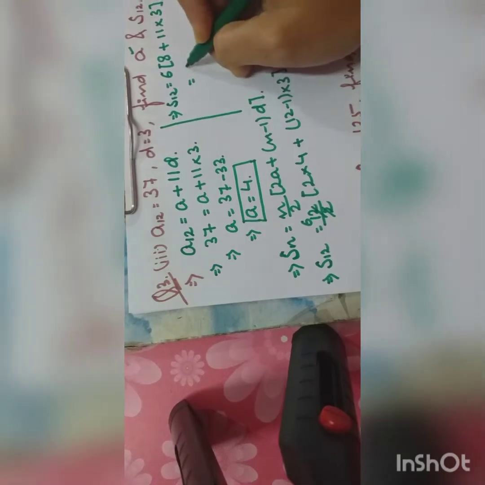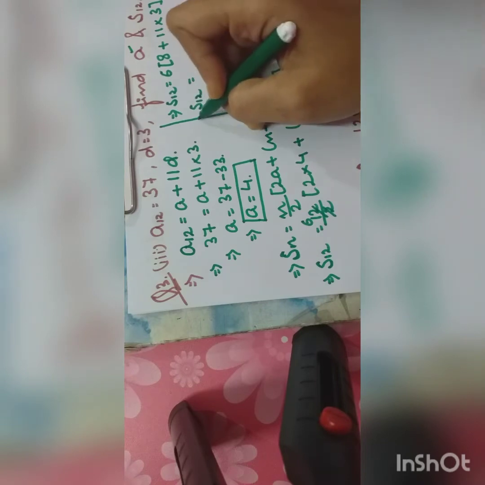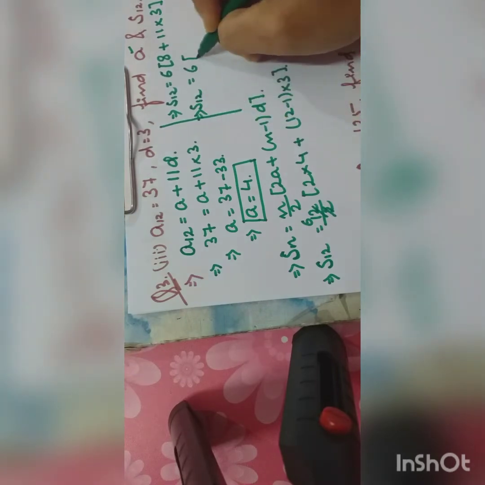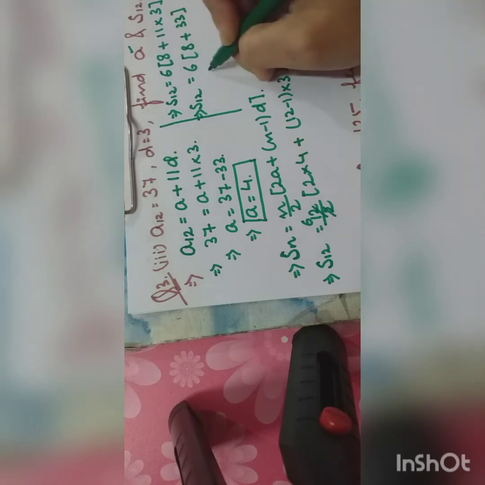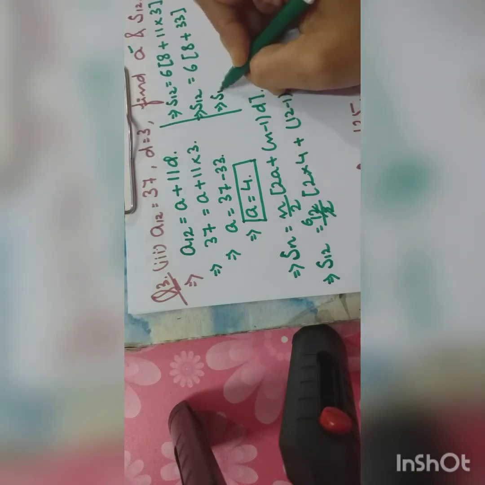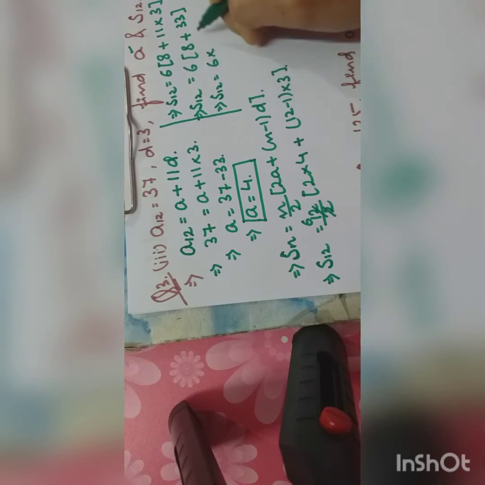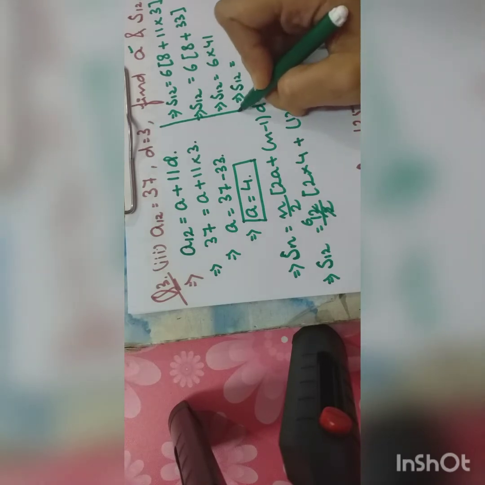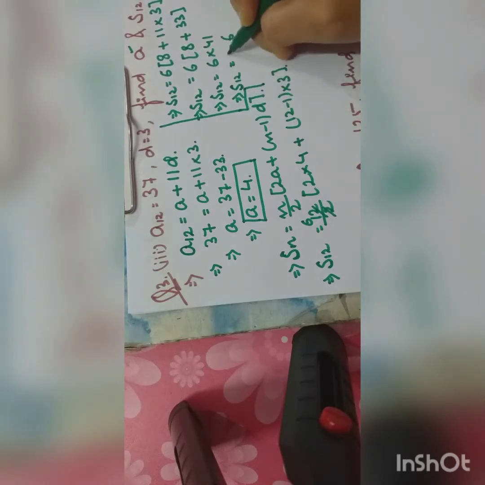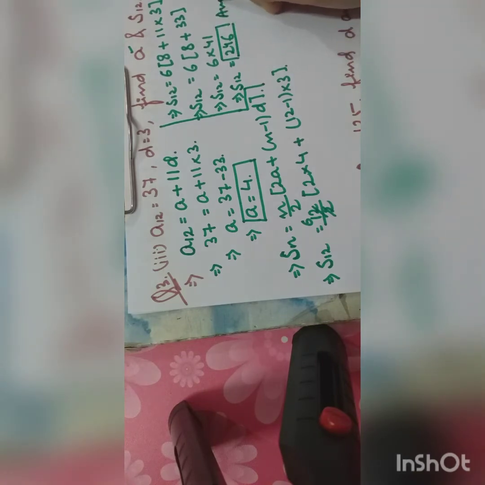So S12 will be 6 into 8 plus 11 into 3, which is 33. So S12 will be 6 into 41, since 33 plus 8 is 41, and when I multiply 6 into 41, I get 246. So S12 will be 246.